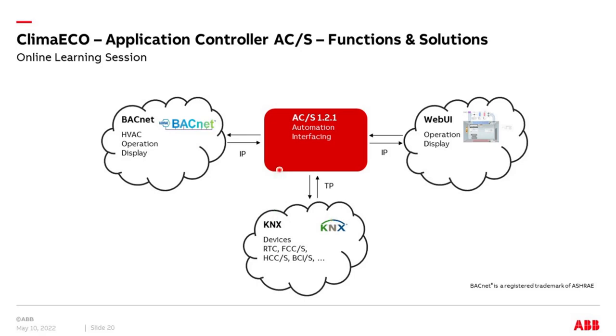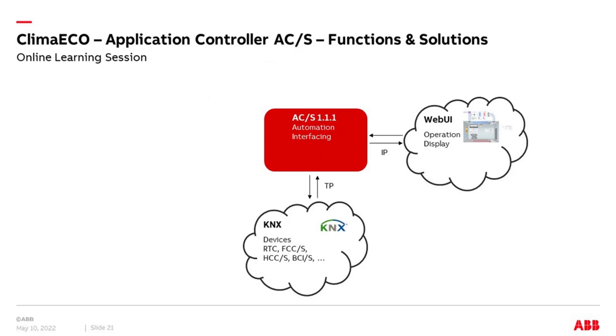So it's not via IP, it's a twisted pair communication to all other related KNX devices, whatever you have. So this is a version with integrated BACnet interface called ACS 1.2.1, and if you don't need the BACnet interface, you can take the version ACS 1.1.1 and then you have all the functions except the BACnet interface.